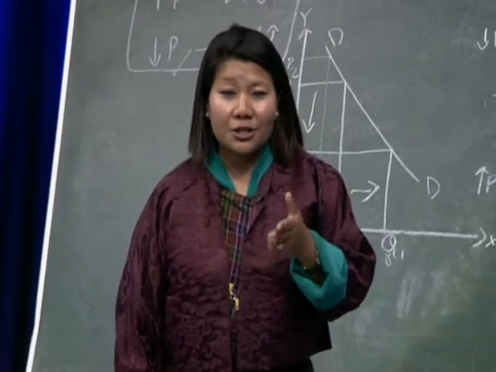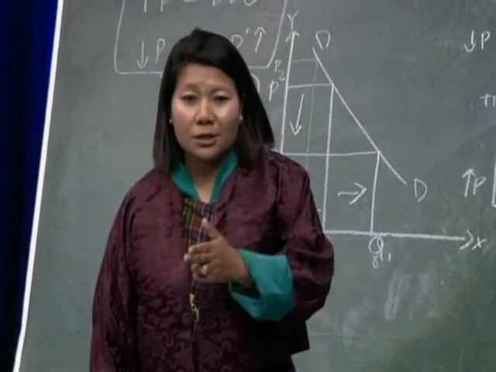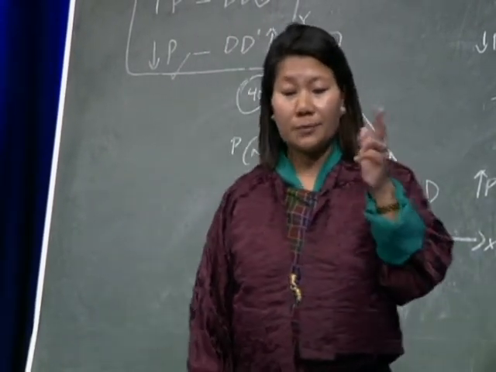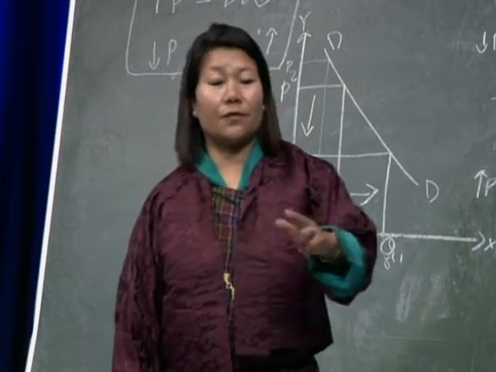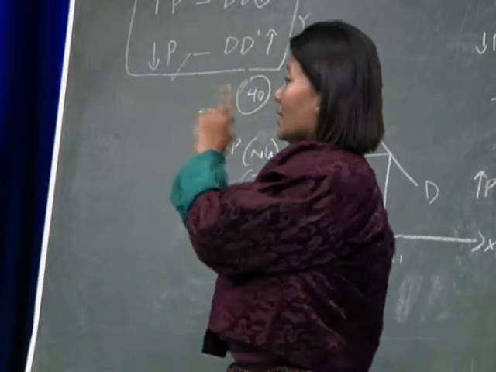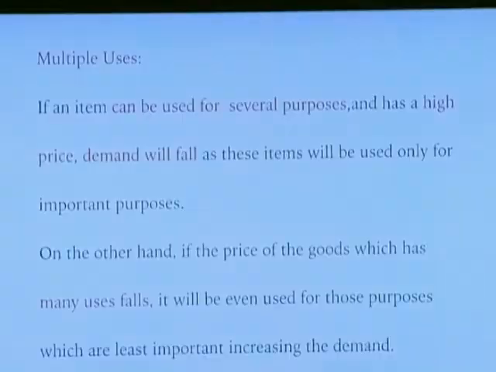However, the question remains, will you completely stop using that product? Not at all. What will you do? You will use it only for important purposes. On the other hand, if the price of the goods which has many uses falls, the price of the timber, timber we just discussed has multiple uses, construction, furniture, so many other uses, it will be even used for those purposes which are least important, increasing the demand.